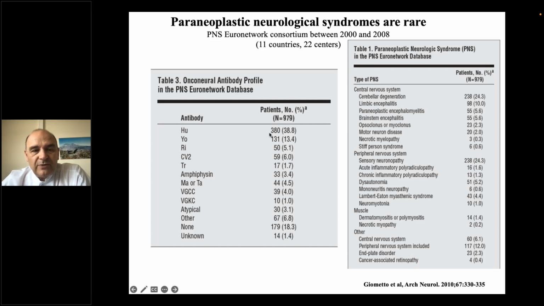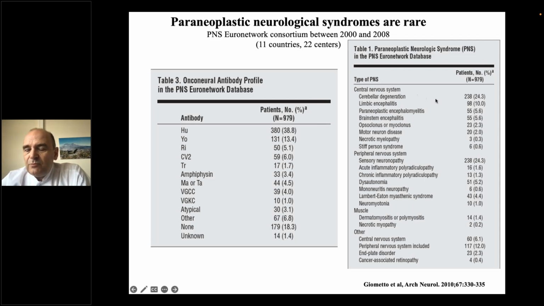Hu antibodies were the main autoantibodies described, along with Yo and CV2. For CV2, for example, fewer than 60 patients were described in 8 years in 22 centers in Europe, so it was very low.